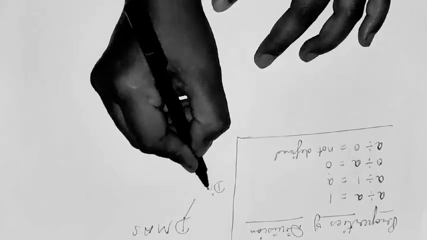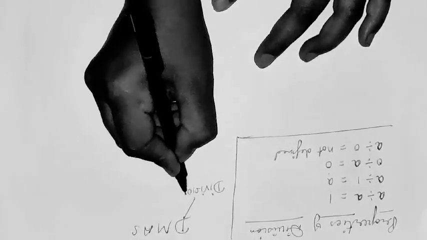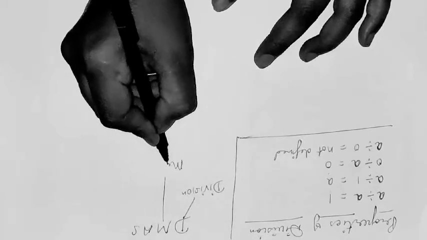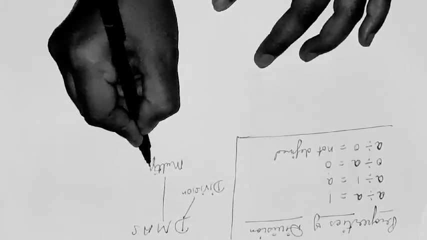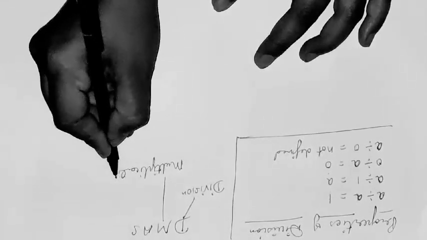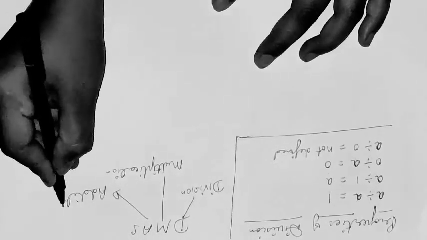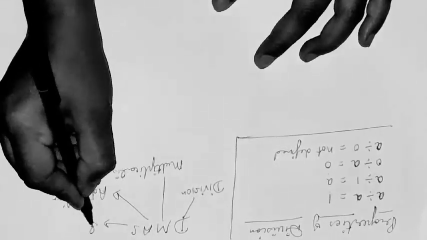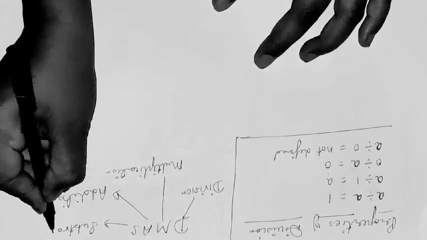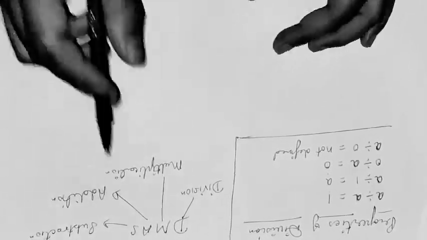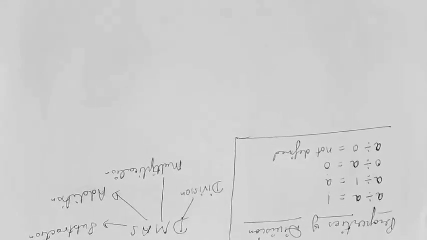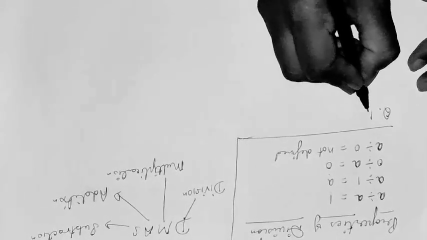D stands for division, M for multiplication, A stands for addition, and S for subtraction. So now I am going to take some questions based on the DMAS property to make it clear to you.